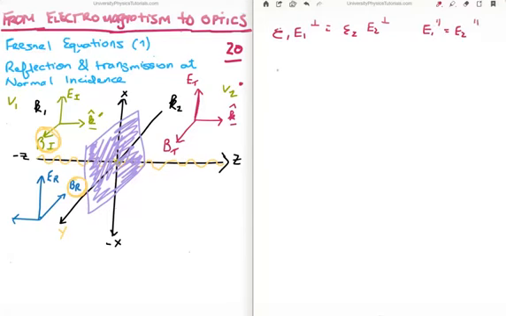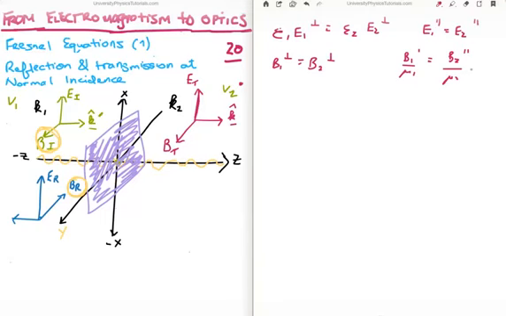Next we have it's continuous parallel on the boundary, and the magnetic field then is continuous perpendicular through the boundary, but it's discontinuous parallel to the boundary. Like so.